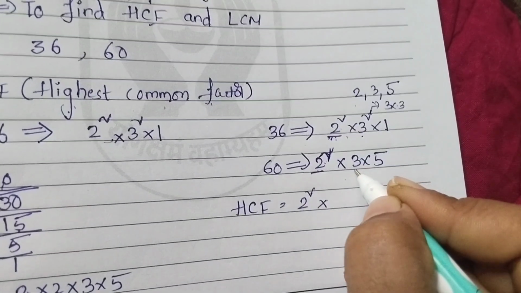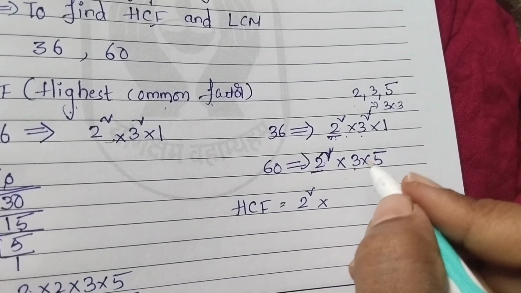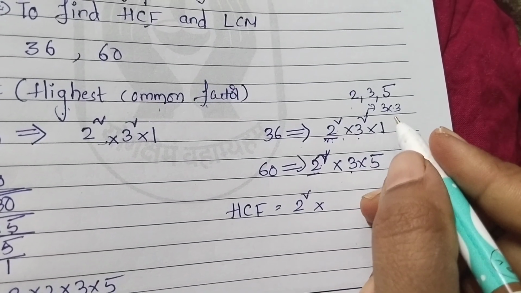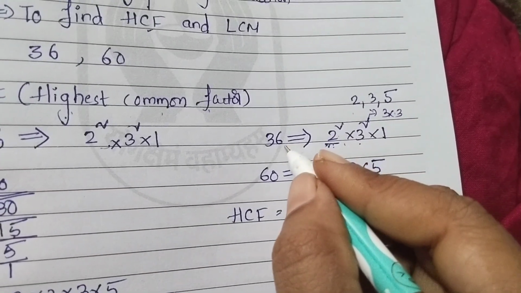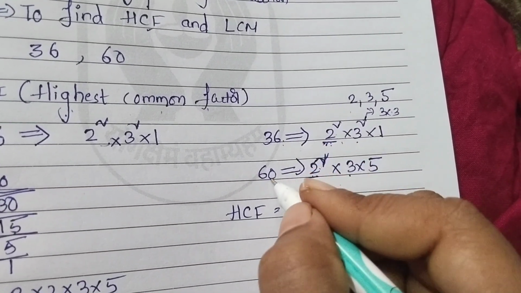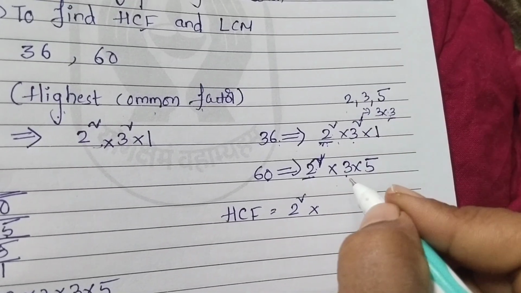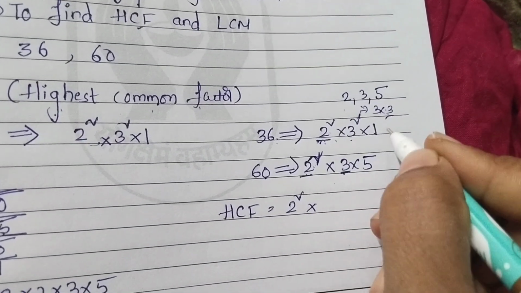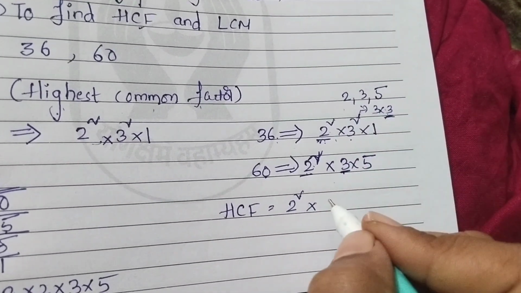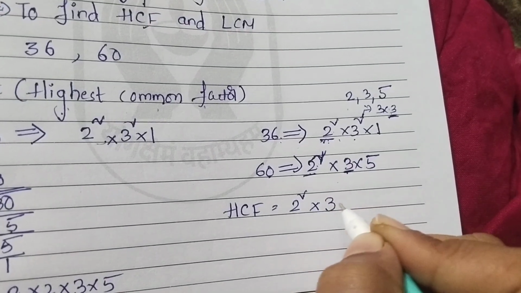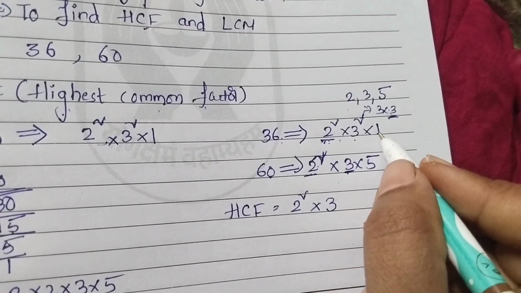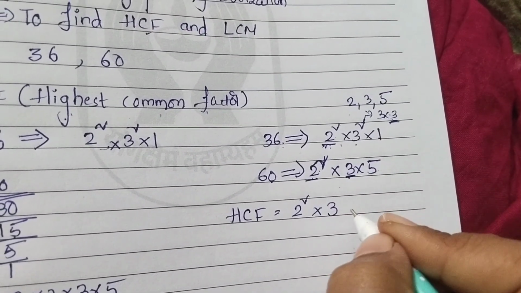But here how many 3's we are having? Only one 3. So how many 3's do we have in common for the two numbers, 36 and 60? Only one 3, right? Here 2 3's, here only one 3.